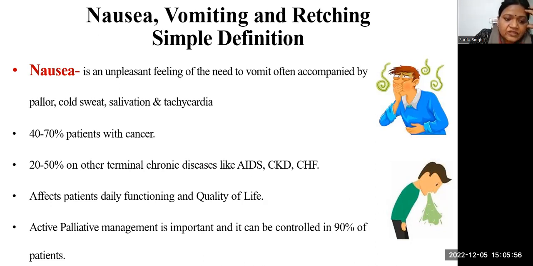Active palliative management is important and it can be controlled in 90% of patients. So we should think that these are symptoms which we can control by palliative care, in approximately 80 to 90% of patients, and we can improve their quality of life by controlling these intractable symptoms.